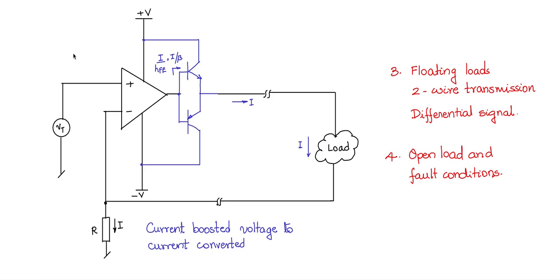So now let me consider this portion to show you how we get 4 milliamps to 20 milliamps. How do you give the zero and span for this Vt? So let me consider this part of this whole circuit.